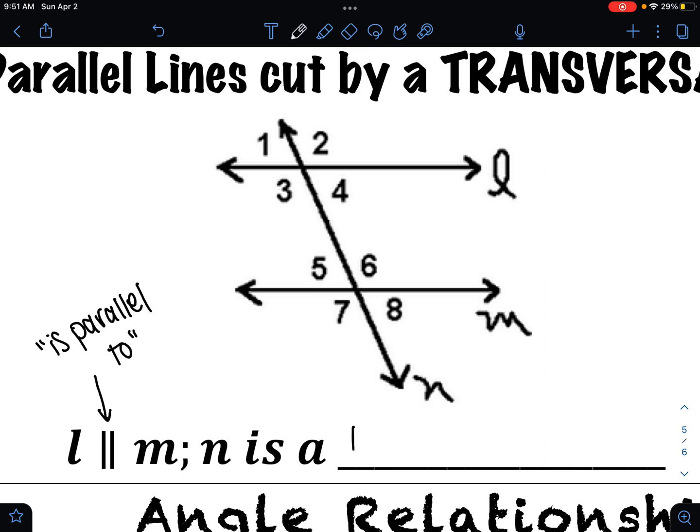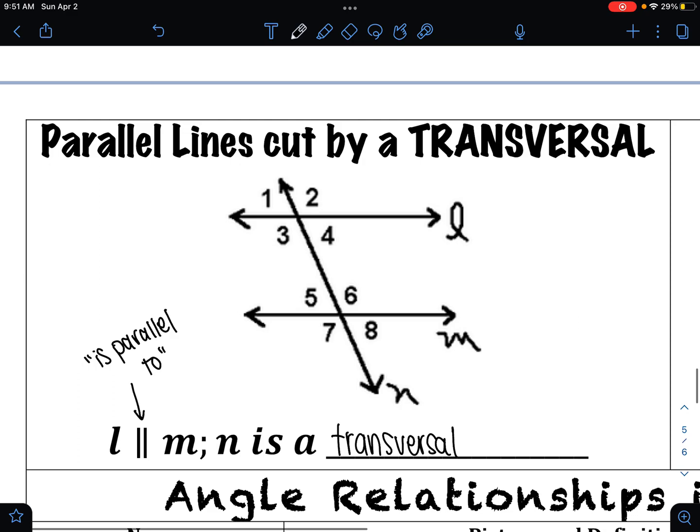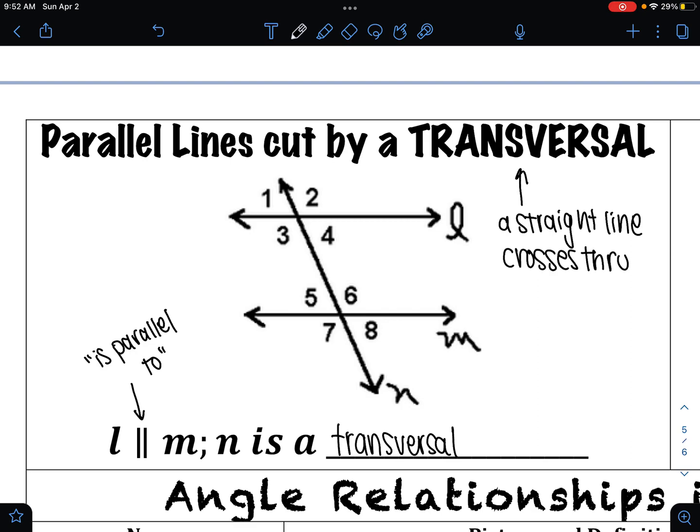So then N is a transversal. And a transversal is when another straight line crosses through two parallel lines.